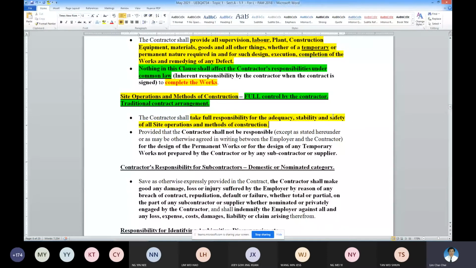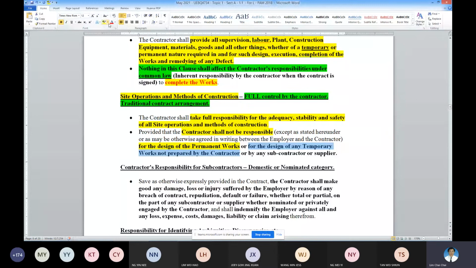And also, the contractor shall not be responsible for the design of the permanent work. I did mention already, unless specifically delegated to the contractor. And also temporary work not prepared by the contractor.